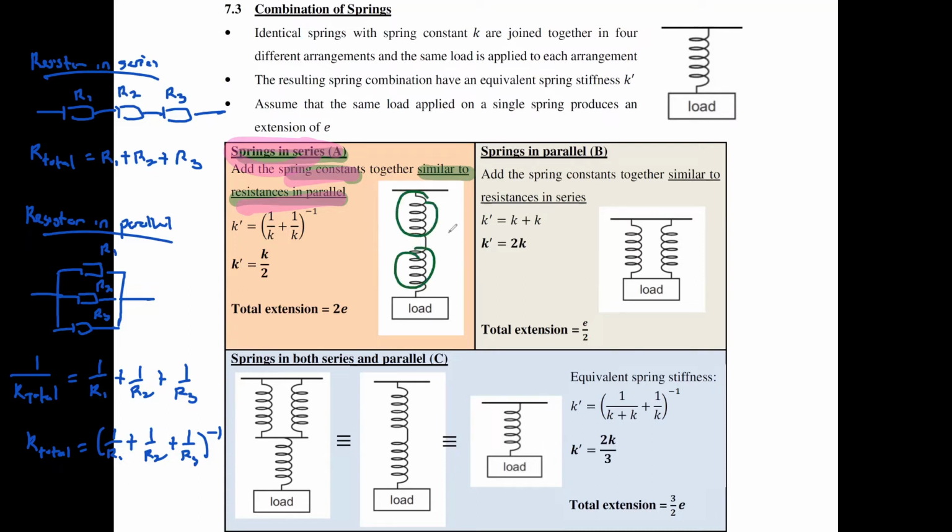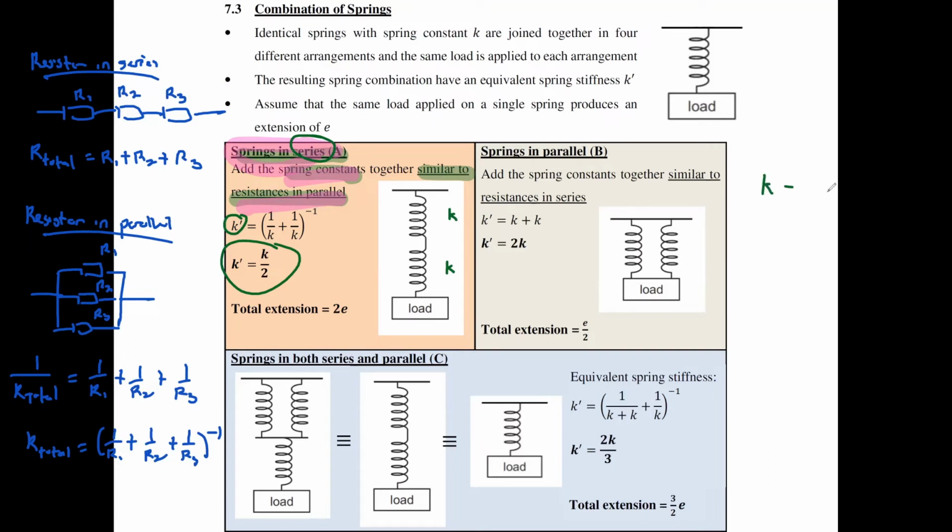This one has a spring constant of K. This one has a spring constant of K. Because they are arranged in series, to get the equivalent spring stiffness, I treat them like resistances in parallel. So the equivalent spring stiffness is (1 over K plus 1 over K) to the power negative 1. Eventually, I get the spring stiffness as K over 2.